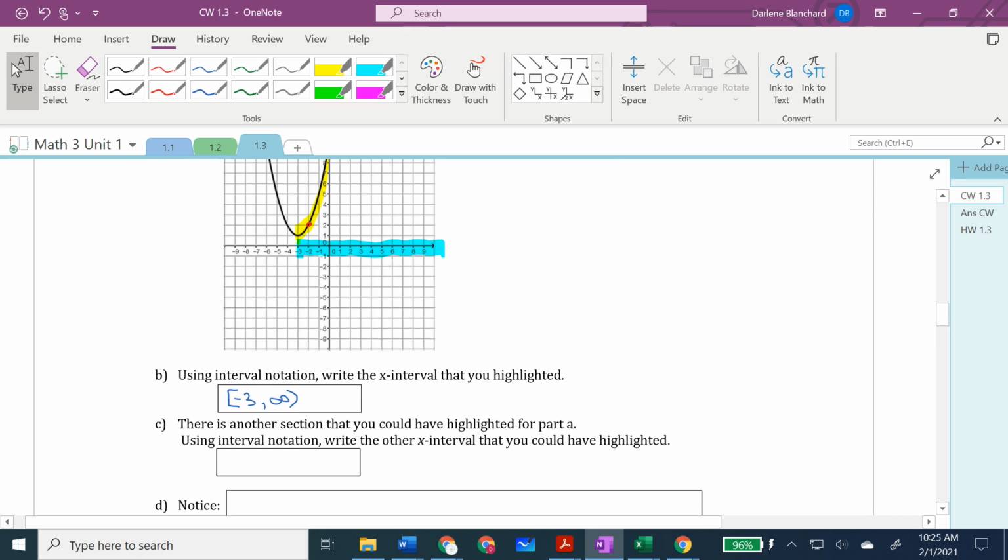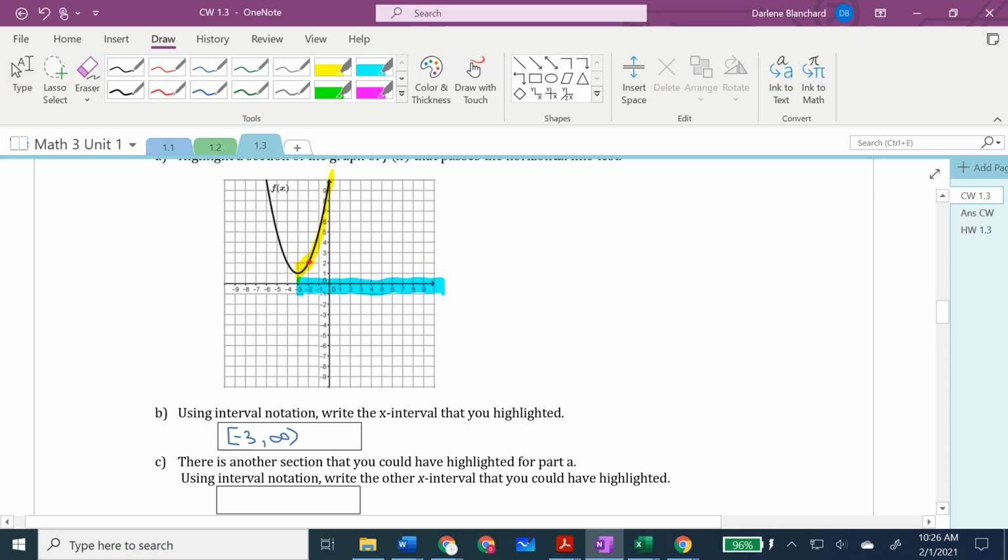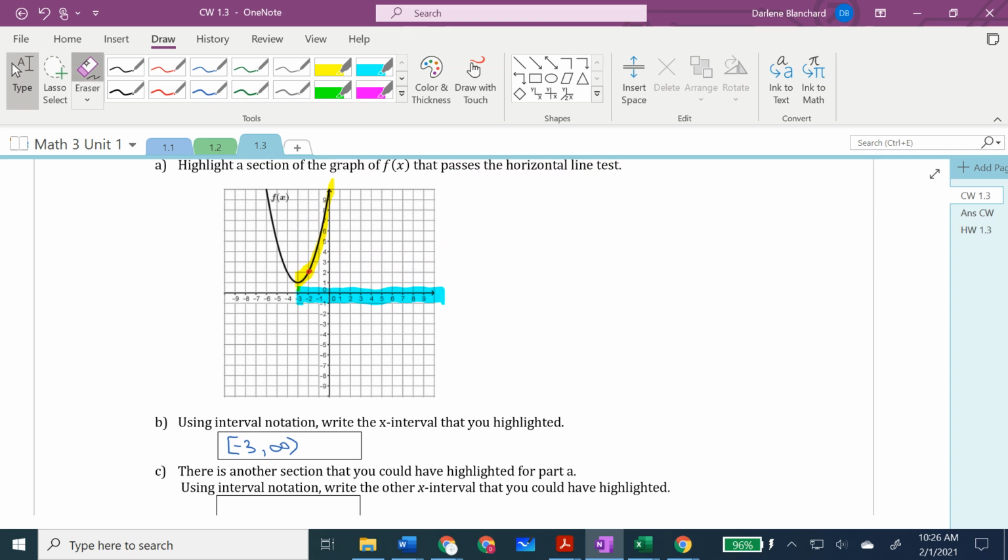Then the next question is part C. There is another section that you could have highlighted. Using interval notation, write the other x interval that you could have highlighted. So I'm going to erase what I have, and then I'm going to highlight the vertex and then just the left side alone.